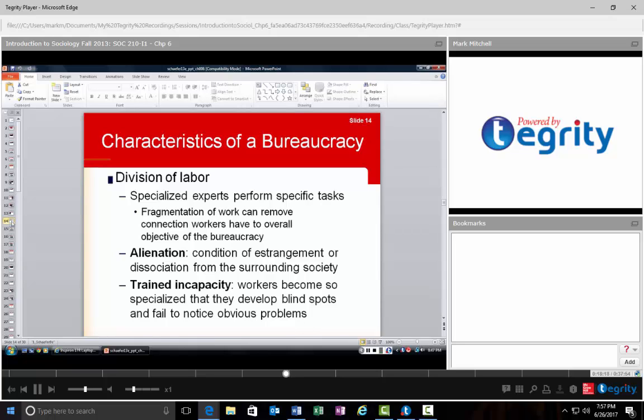When you have private enterprise and the pursuit of profit, this is exactly what's going to happen with the division of labor. That's his idea about what would happen. Our book also mentions trained incapacity. You have someone who's doing one thing or a few things all the time, and they become so accustomed to that that everything else is blanked out.